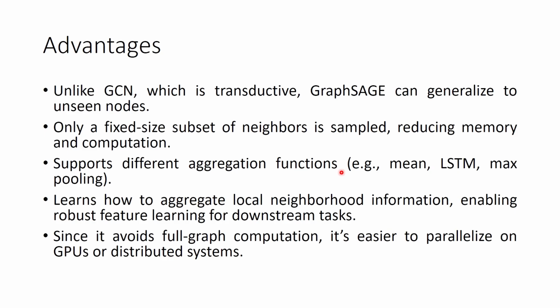It supports different aggregator functions. In the paper, they have taken GraphSAGE with mean aggregator, LSTM aggregator, and max pool aggregator. So we have seen various types of aggregators here. It learns how to aggregate local neighborhood information, enabling robust feature learning for downstream tasks.